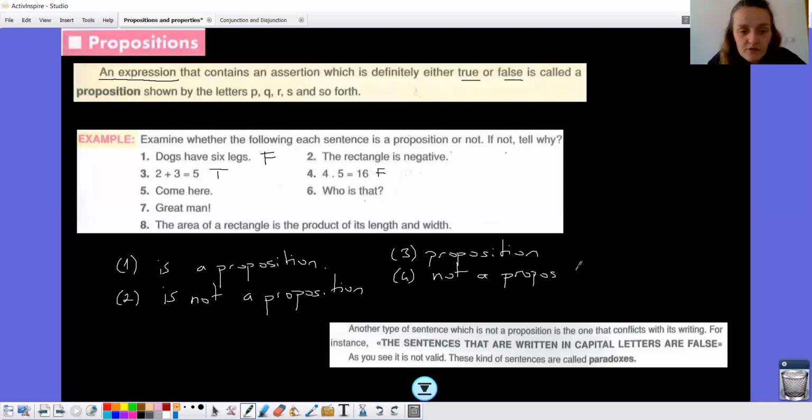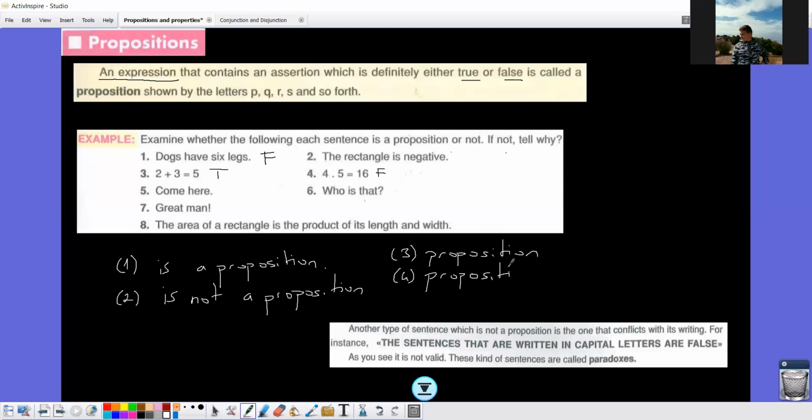What about the fifth one? Come here. It's not a proposition, because you cannot check if it is true or false, yes? So the fifth one is not. What about the sixth one? Same, it's not.